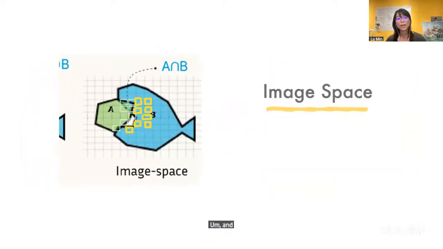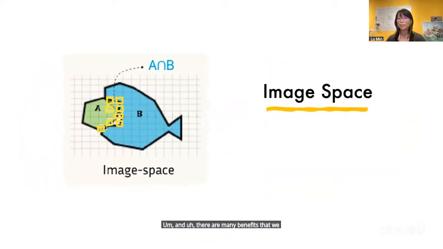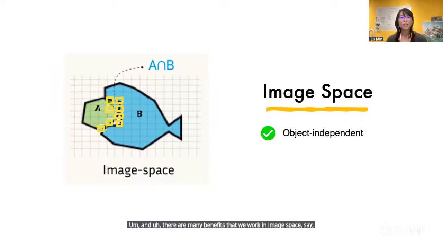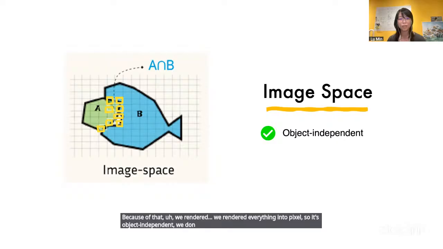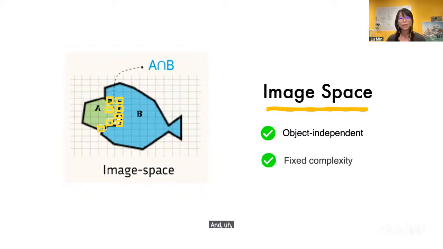And there are many benefits to working in image space. Because we render everything into pixels, it's object independent. We don't care what the objects are, and it has relatively limited complexity because we deal with grids of pixels.